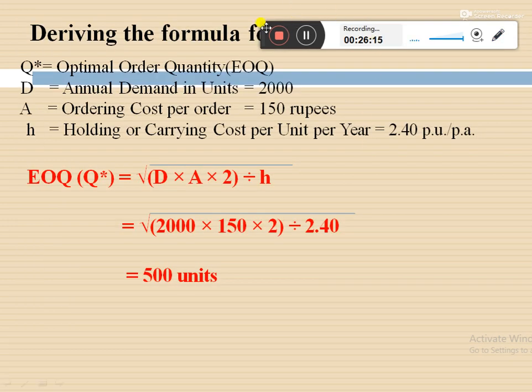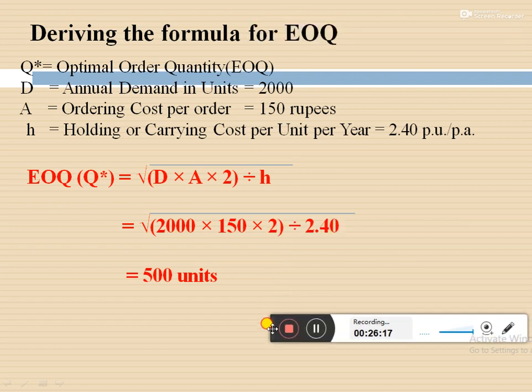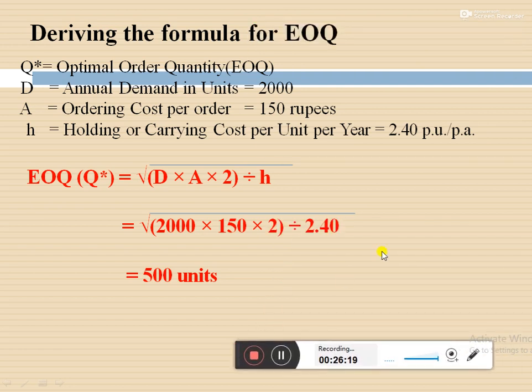This problem gives us information about the total demand, that is 2000 units per annum, ordering cost per order, that is 150 rupees per order, and holding or carrying cost per unit per year, that is 2.40 rupees per unit per annum.